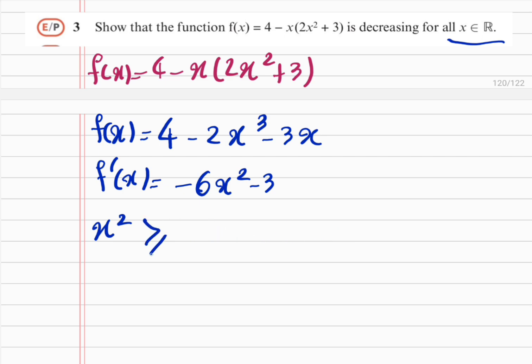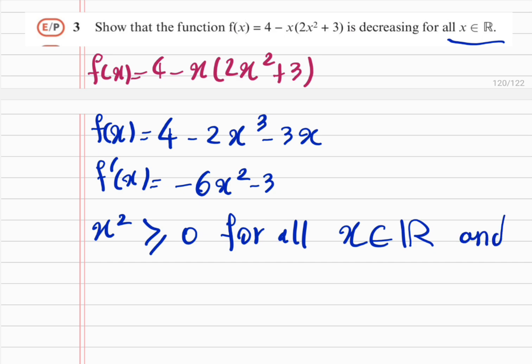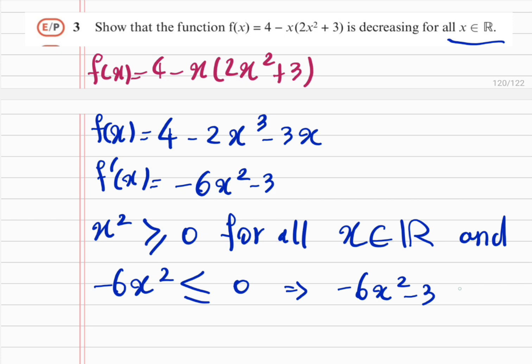So x squared is always greater than or equal to 0 for all values of x that are real numbers, and minus 6x squared is always negative, right? It's always less than or equal to 0. So therefore minus 6x squared minus 3 is less than or equal to 0 for all values of x that are real numbers.